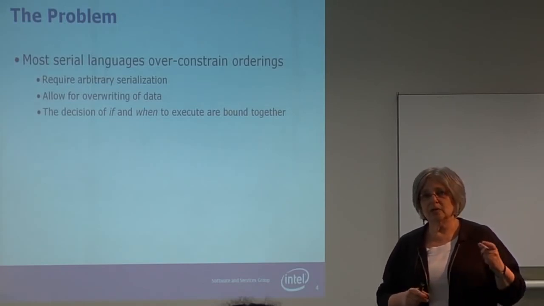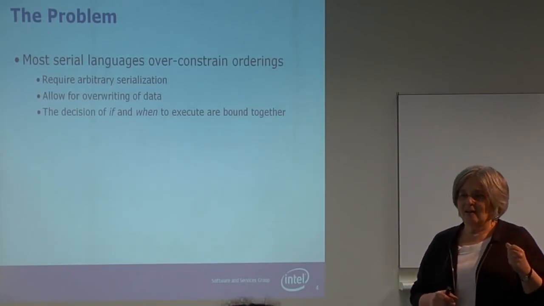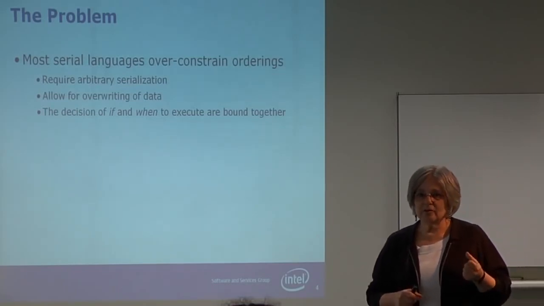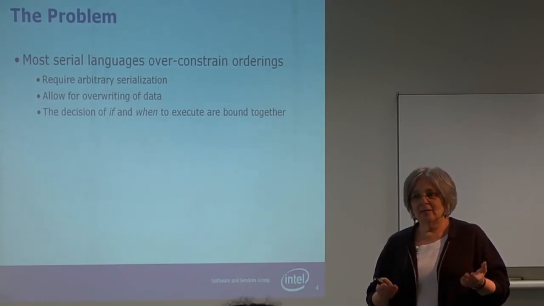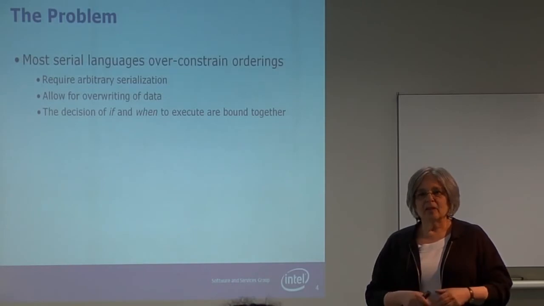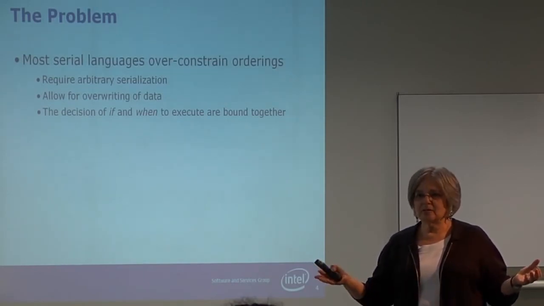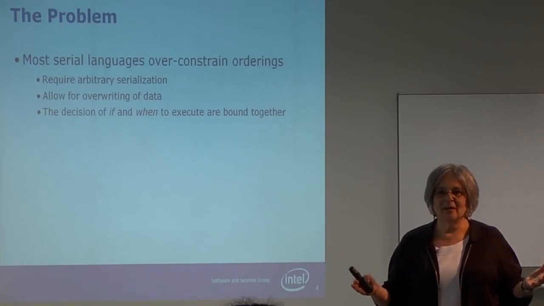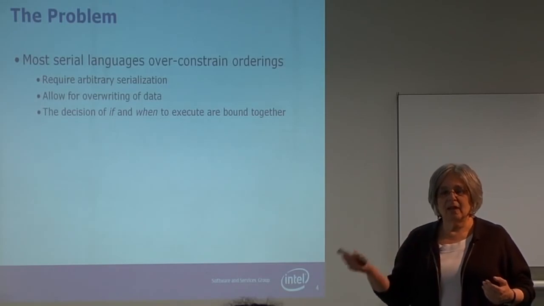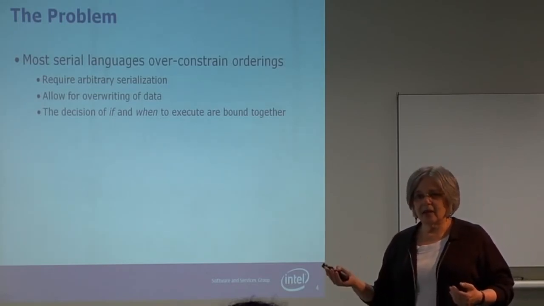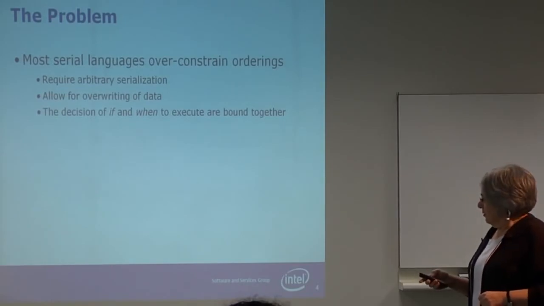In that world, the answers to both of those questions are bound together. So the answer is yes, you are going to execute it because you got right there in the control flow. And the answer to when is now. Just as you produce data at some point in the program and consume it some later time, not necessarily immediately, we'd like to produce the decision that something will happen, and then later on have that thing happen, and break apart those two questions.